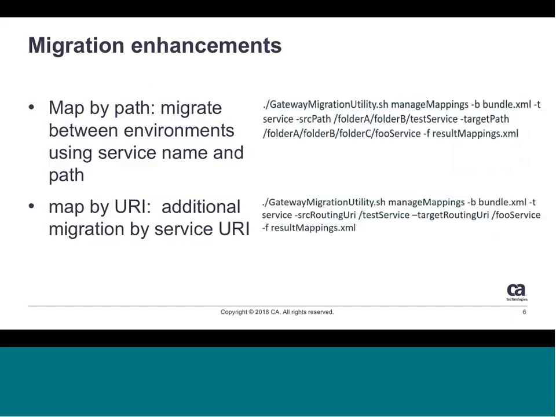We've made some changes to the migration utility that we provide with the gateway, specifically around increasing flexibility for those migration tools. As many of you know, users of the GMU, you'll know that it relies on a fairly strict system of unique identifiers to manage and migrate entities between environments.